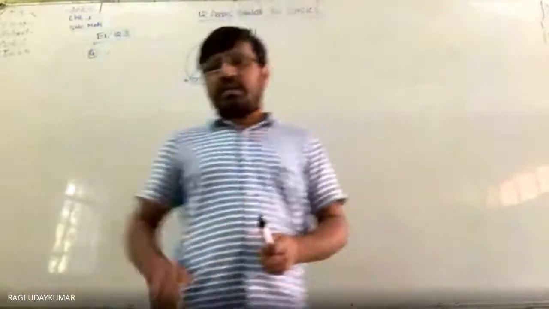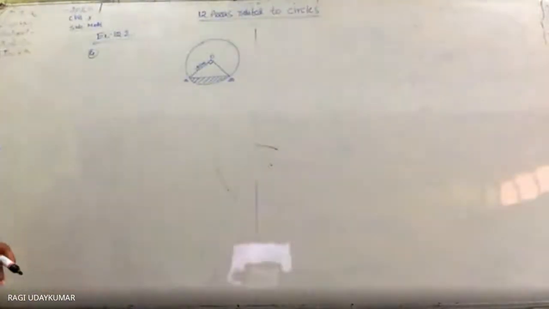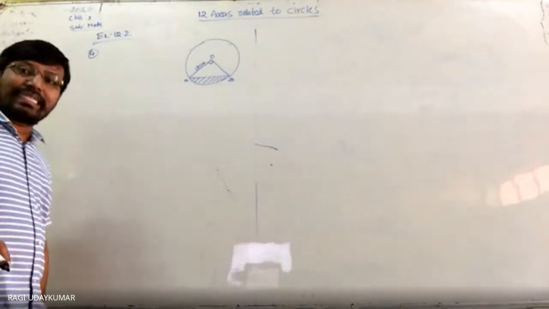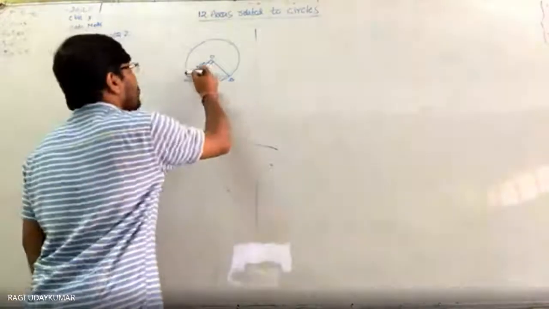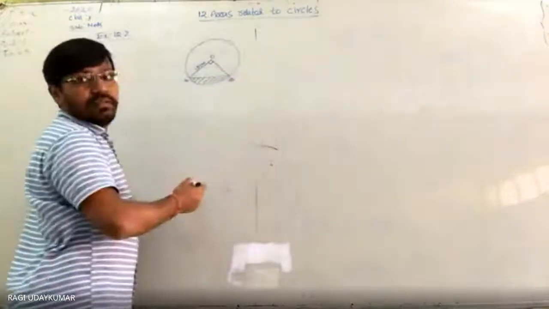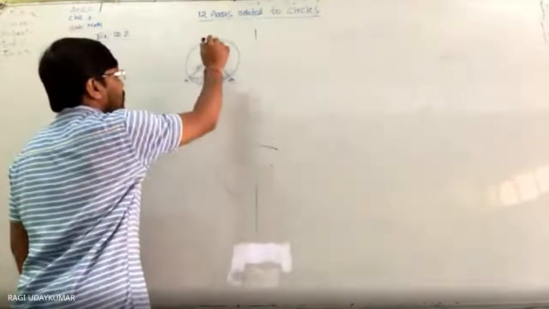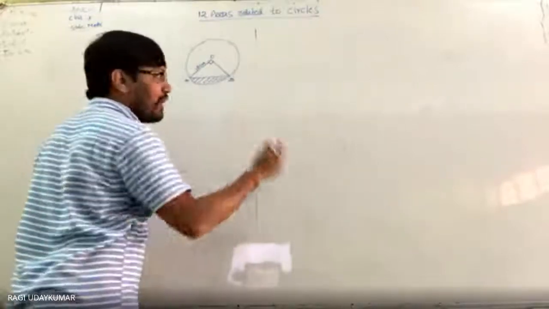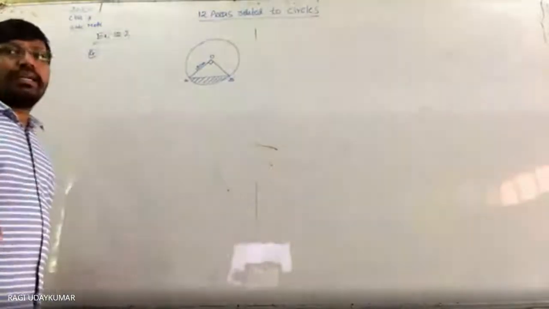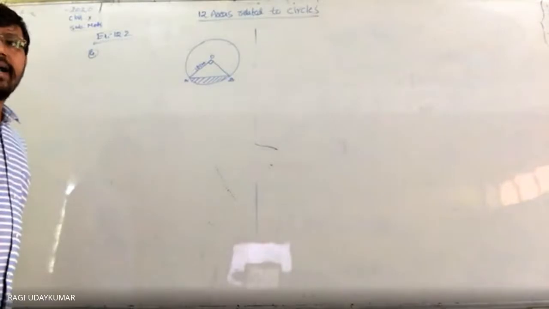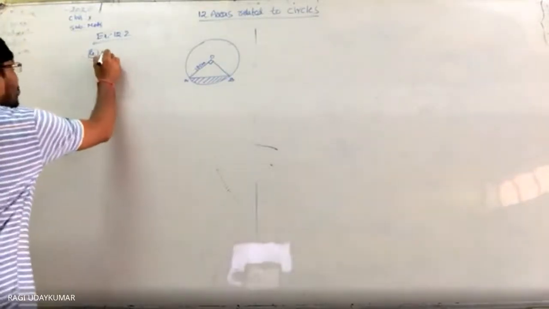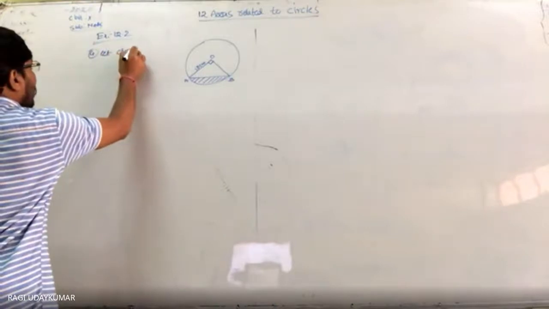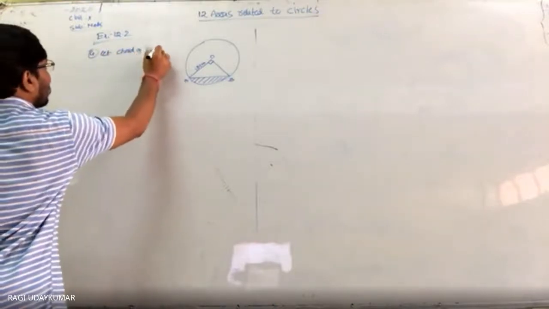Okay. Now here we need to find the minor segment. Segment and major sector. Minus the major sector is this sector. Whenever you use a name, let the chord be AB.